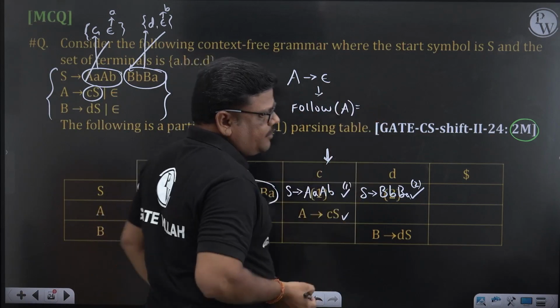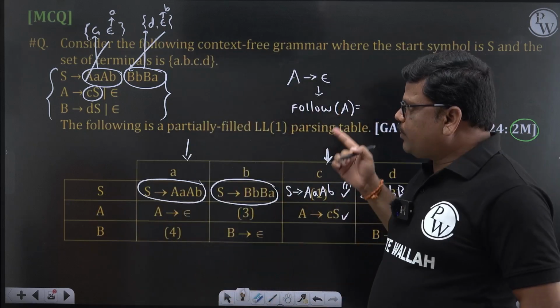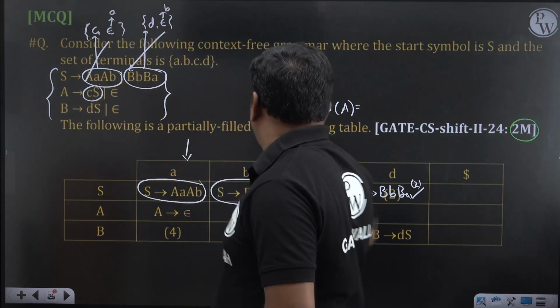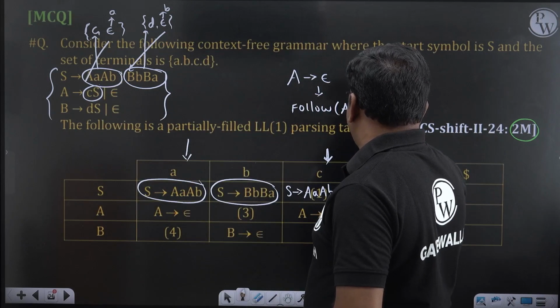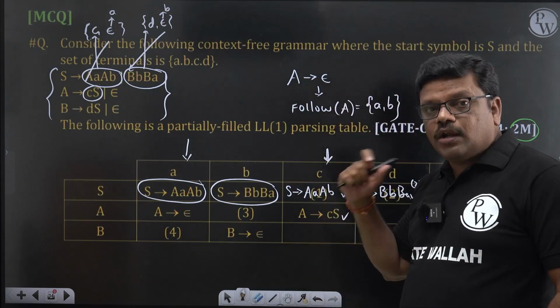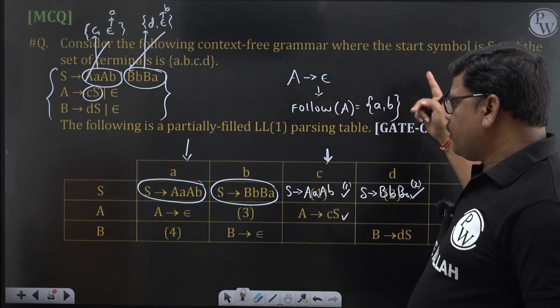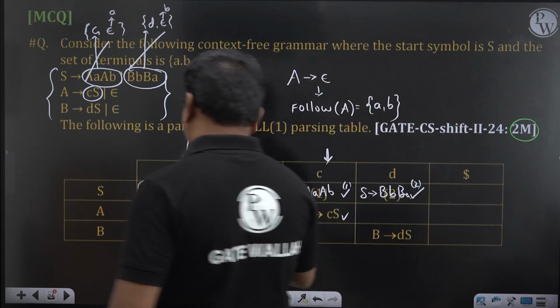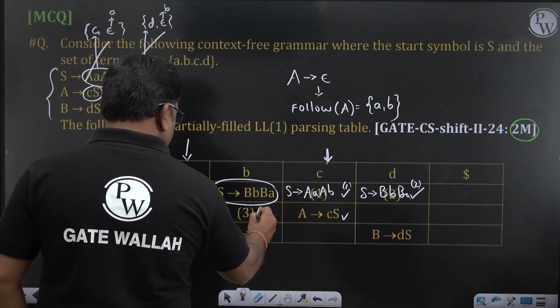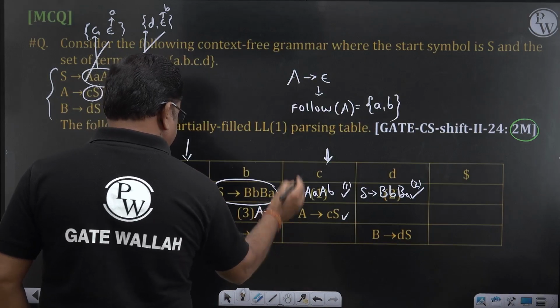We need to calculate follow of A from the grammar. After A comes small b. So, this A to epsilon production we have to place in the columns of follow of A, that is column b. Column A in the table already contains a production, so in column b we have to give this production.